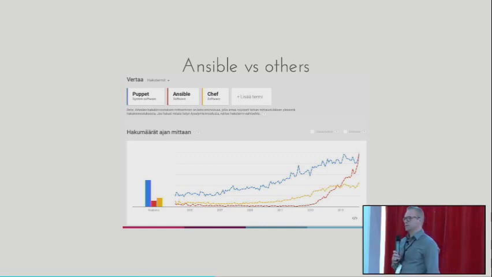It's the newcomer, but it has taken the place now really fast. And you can understand why we are using Ansible when you compare the syntax of Chef or Puppet to Ansible. It's just easy and clear. You understand what you are writing and what you want to do when you describe your tasks and templates.